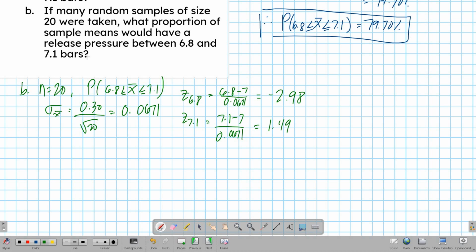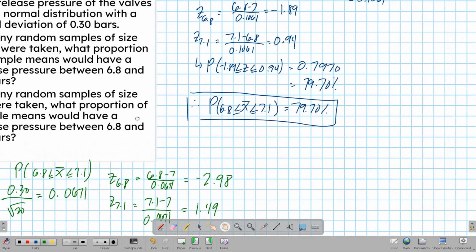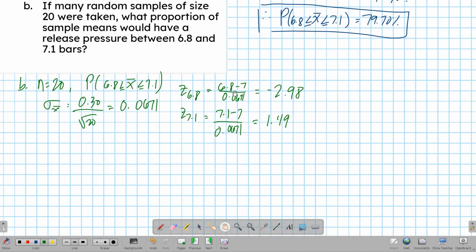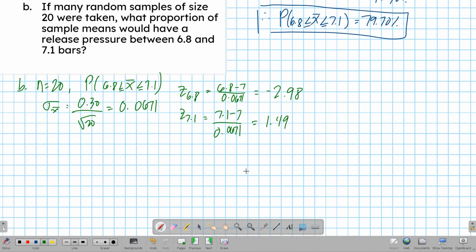In comparison to the sample size of 8, the z-scores are farther from the center, which means you can cover quite a lot more. In this specific case, we are looking for the probability that the z-score is between negative 2.98 and 1.49.